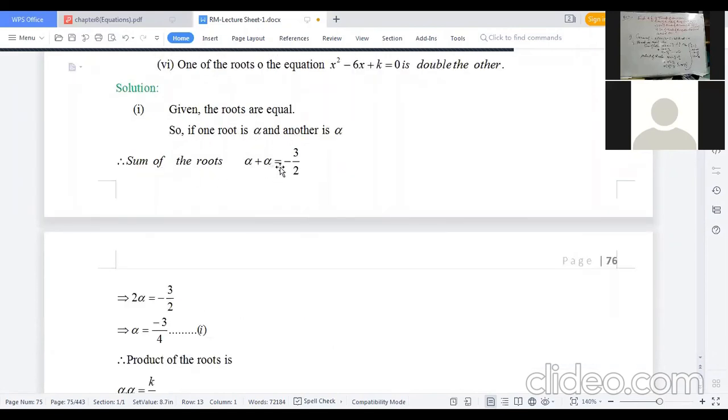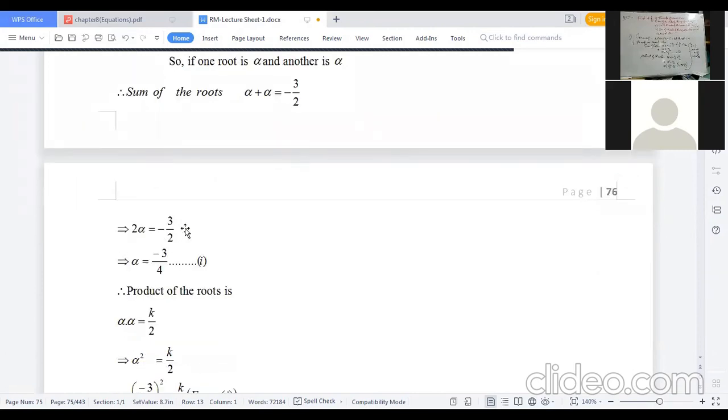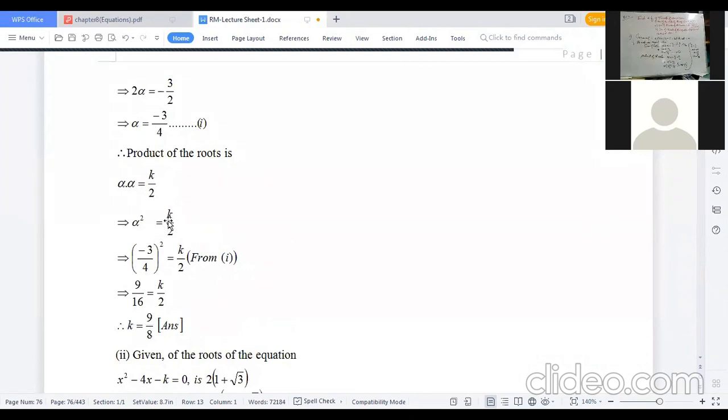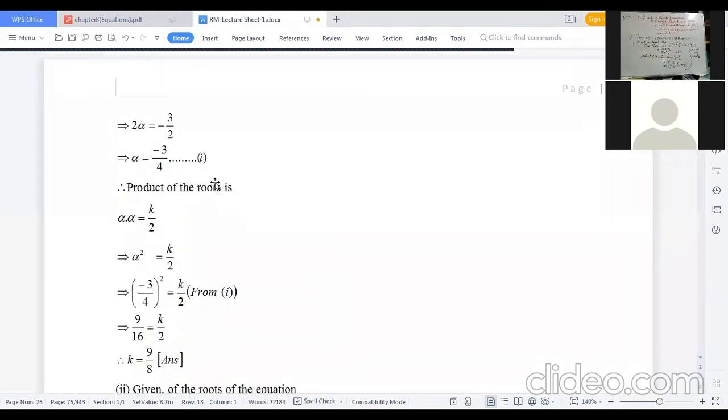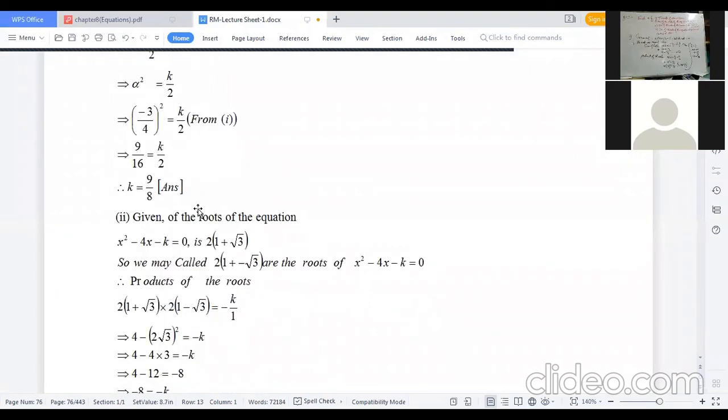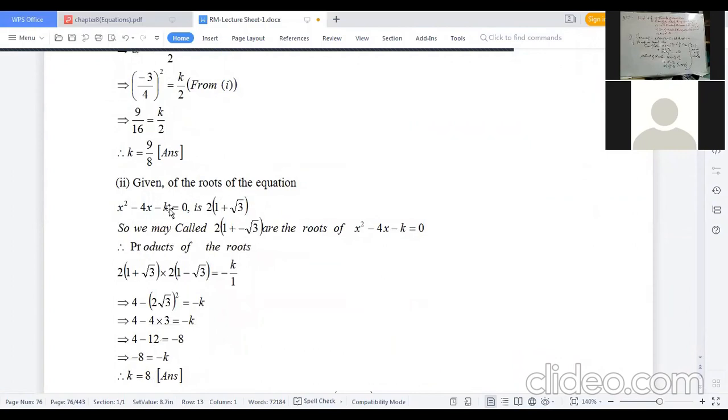Sum of the roots, alpha plus alpha equals minus 3 by 2. Then twice alpha equals minus 3 by 2, and alpha equals minus 3 by 4. Again, product of the roots, alpha into alpha, is k by 2. So alpha square equals k by 2. Putting the value of alpha from equation 1, we get k equals 9 by 8.